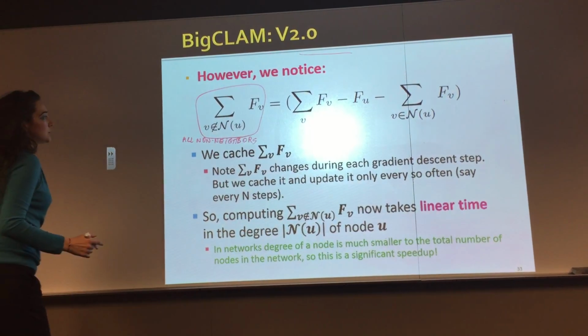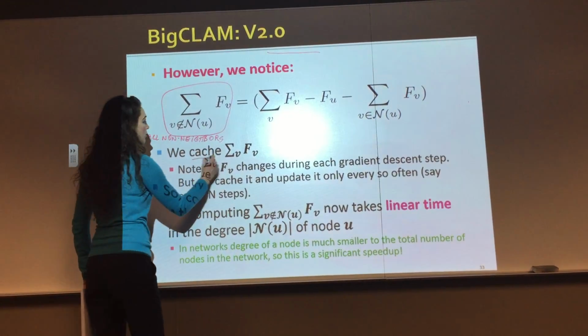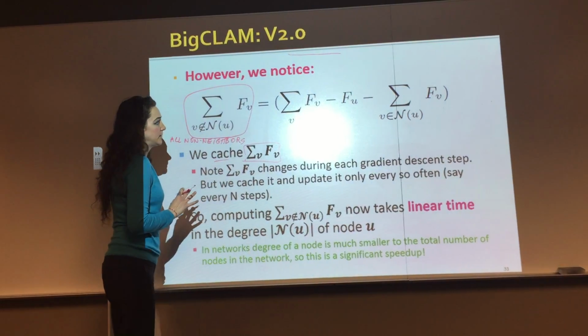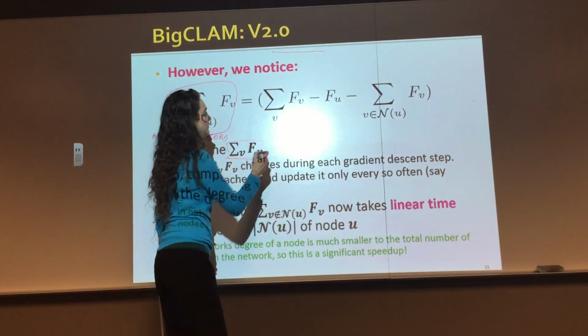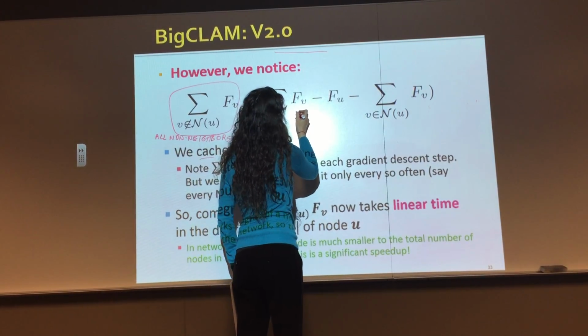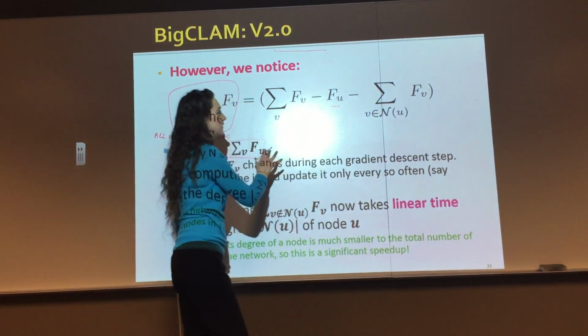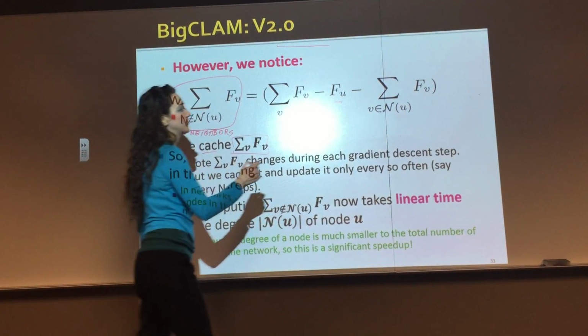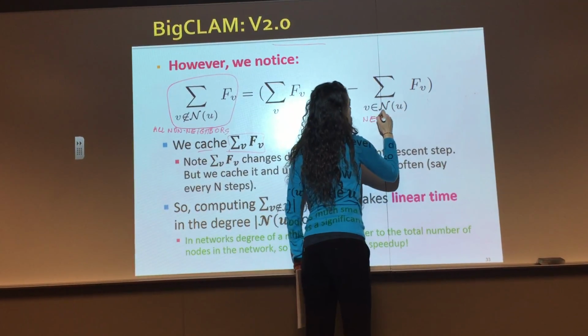What we can do is cache all the nodes and basically subtract out of them the current nodes.